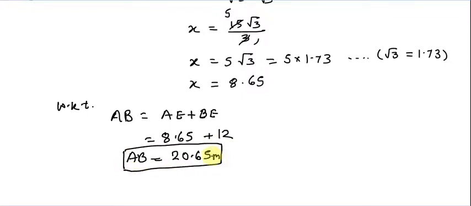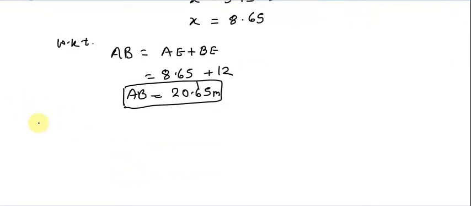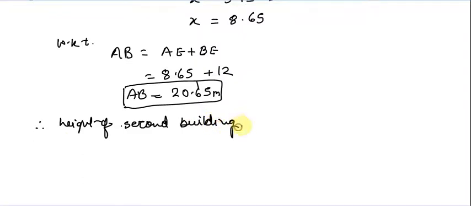This much is the height of the second building. So we can write, therefore, height of the second building equal to AB equal to 20.65 meter. This is all about problem number 8.